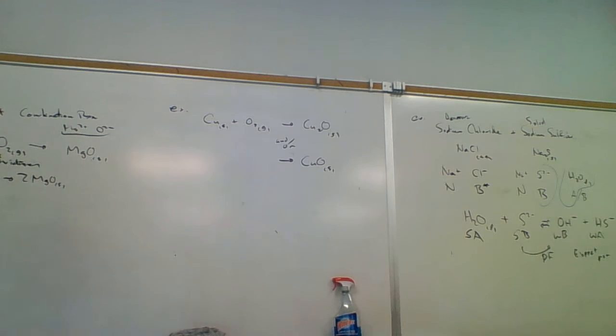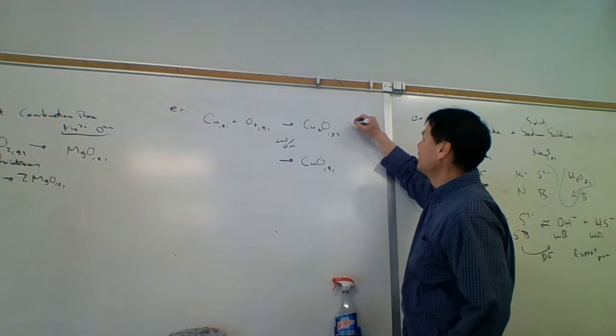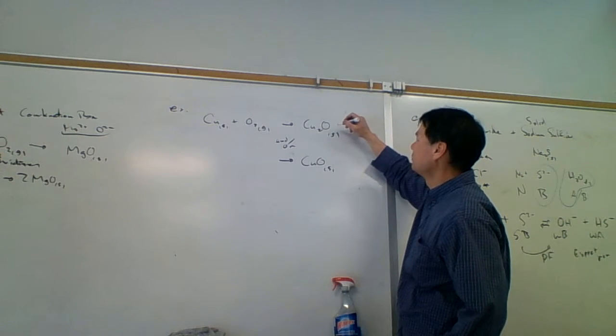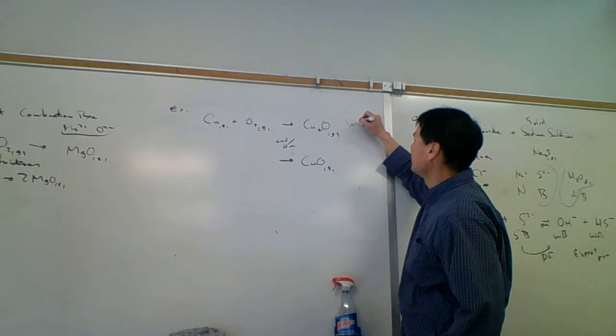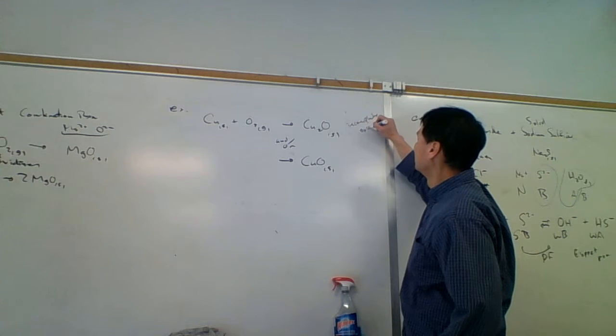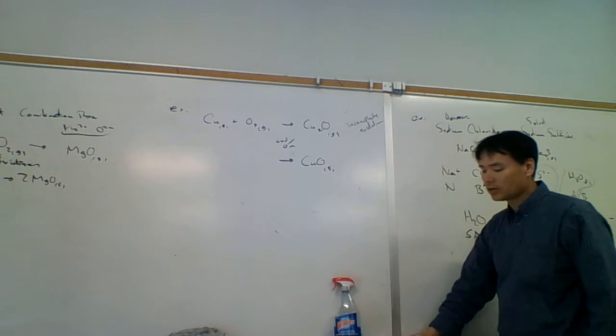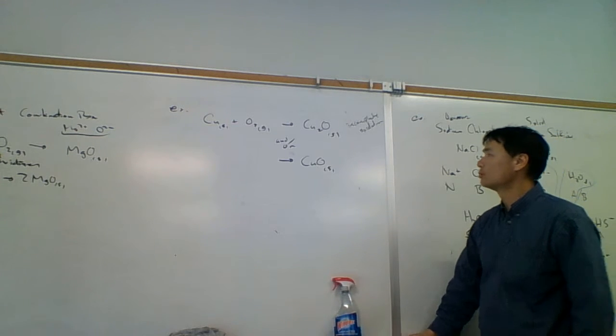We call formation of copper 1 oxide incomplete. This is copper 1. This is an incomplete oxidation. It's incomplete oxidation because copper can lose 1 more electron to form copper 2.